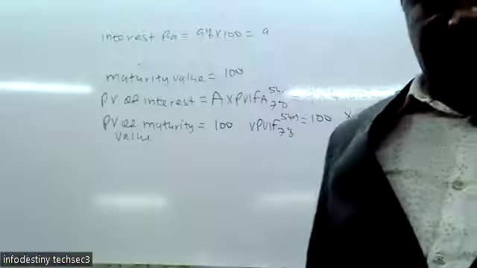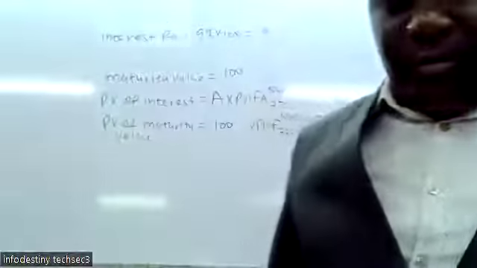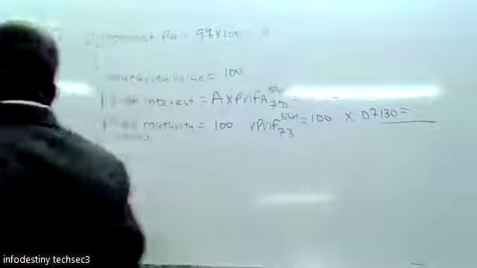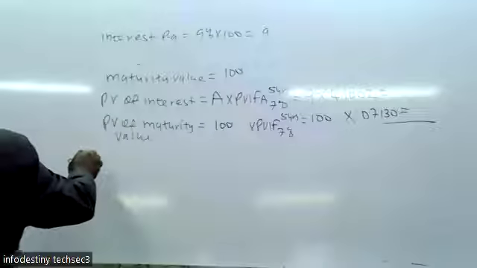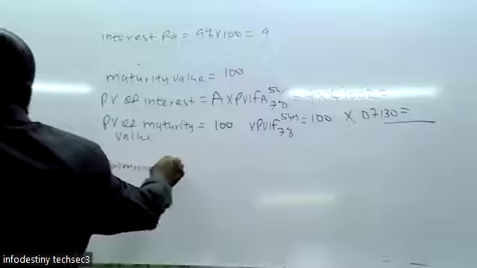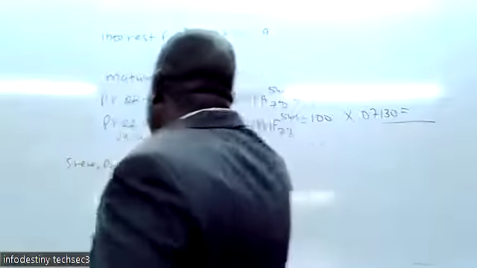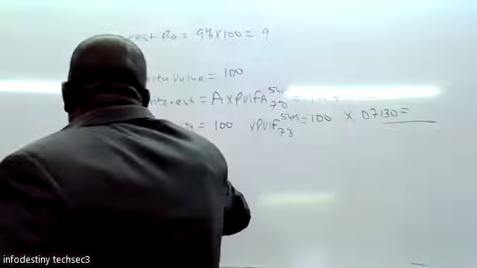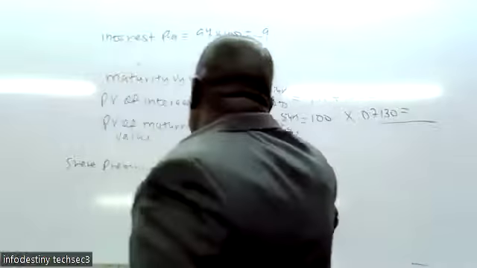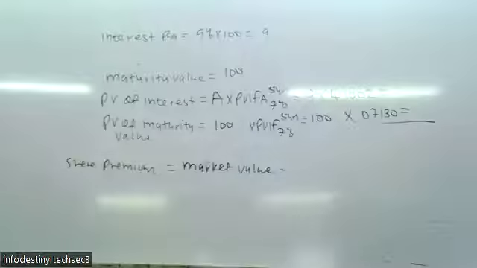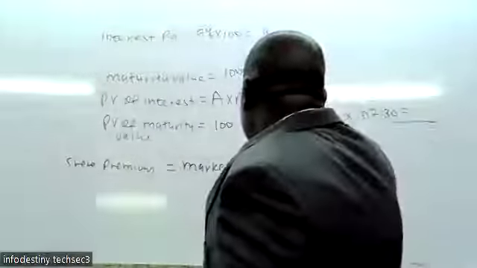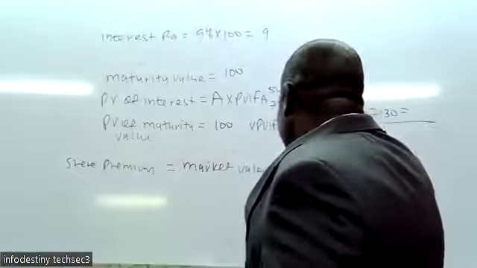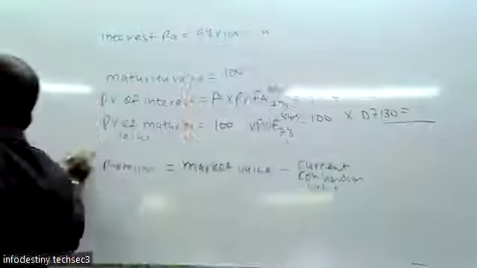So when you want to compute the premium, you simply take the market value and subtract the current conversion value.